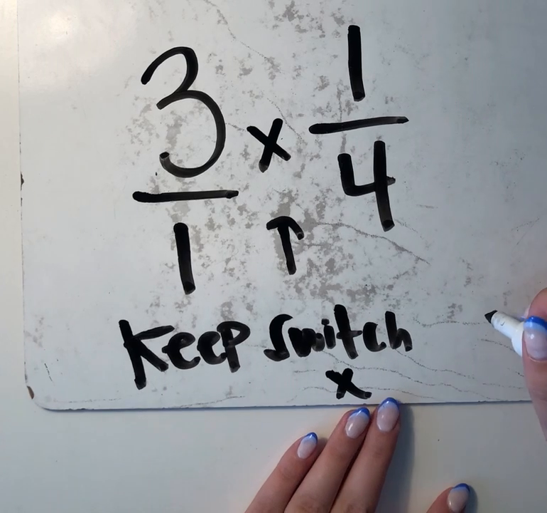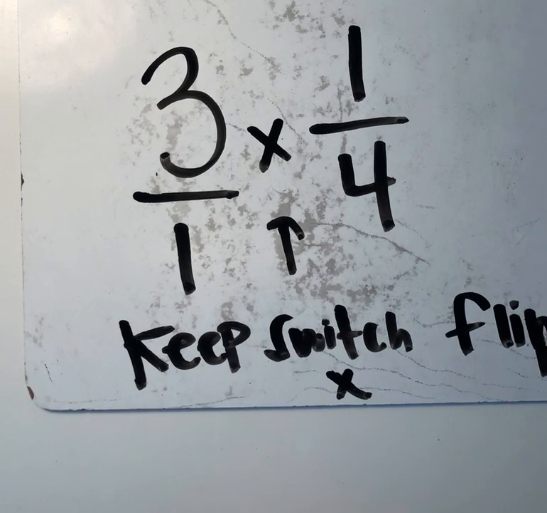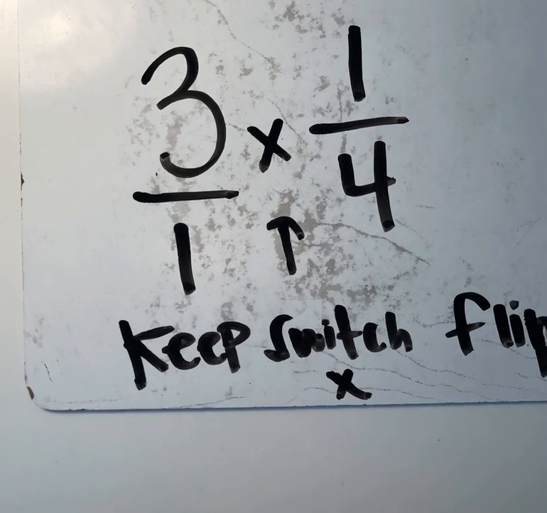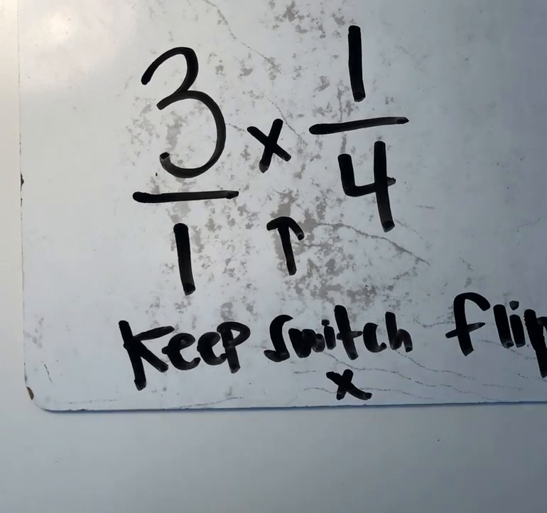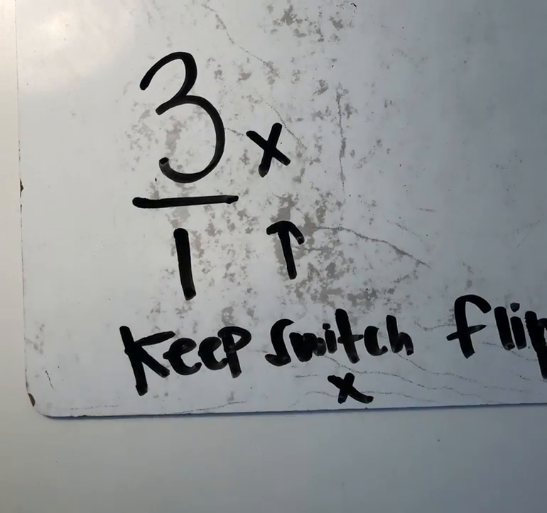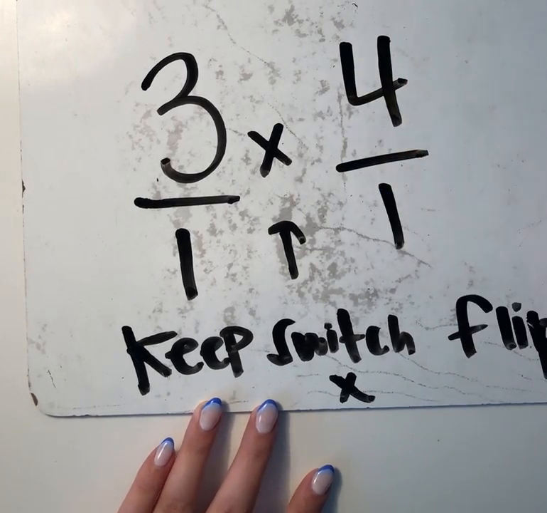And my last step is to flip. When I say flip, I mean I'm going to flip these numbers upside down. So this 4 is going to go up top and this 1 is going to go on the bottom. This has another name though. We call it flip, but the real name for it is the reciprocal.